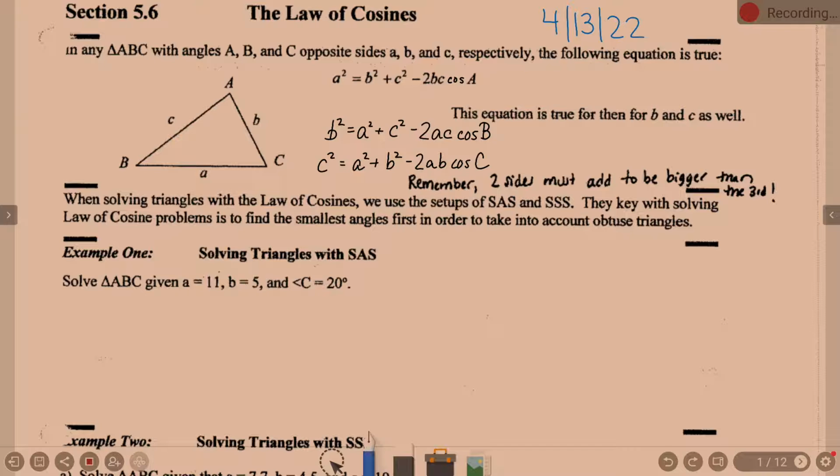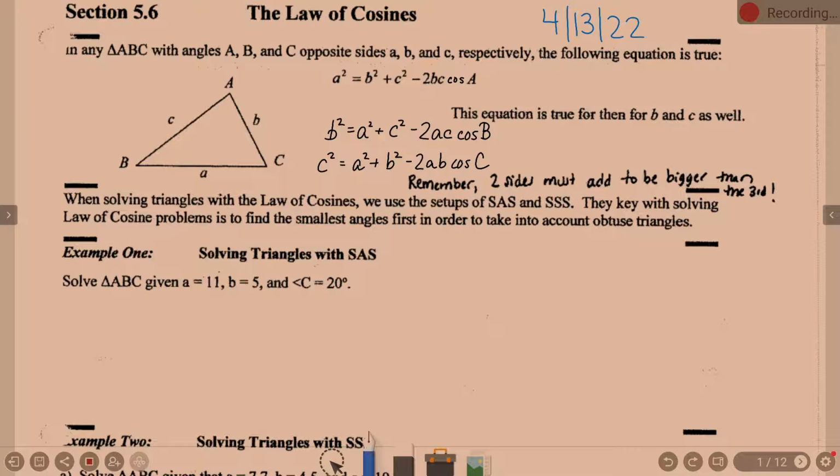Now, that's one form of it. There are 2 other forms that can be written using B and C. So you could also start with b squared equals a squared plus c squared minus 2ac times cosine of angle B. And you could also have one starting with c squared equals a squared plus b squared minus 2ab cosine of C. Whatever it starts with, a squared, b squared, or c squared, that's the angle over in cosine.